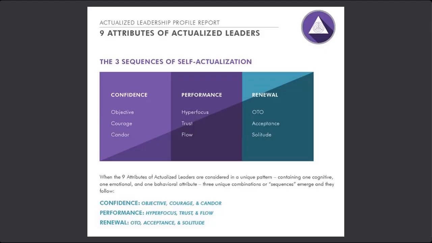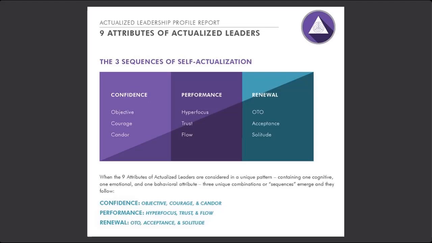But at the very end of your report, they are reconfigured, same attributes, same scores, but reconfigured to give you a score in what I call the 3 sequences of self-actualization: confidence, performance, and renewal. In these 3 sequences, we link one cognitive attribute with one emotional attribute with one behavioral attribute.